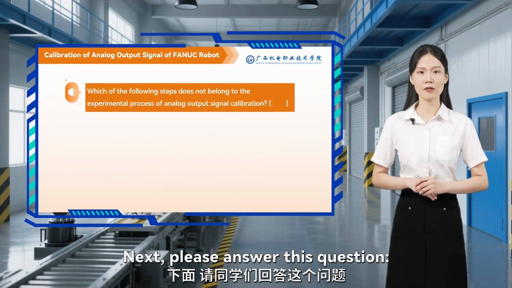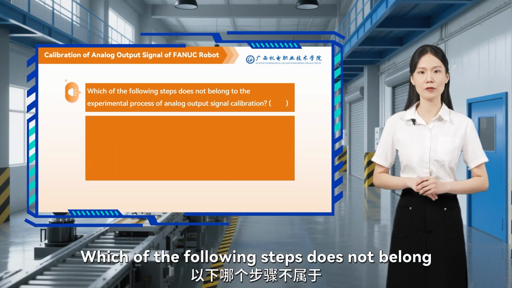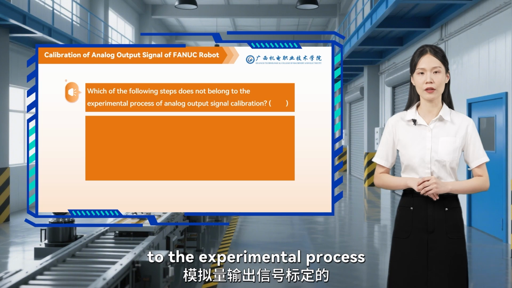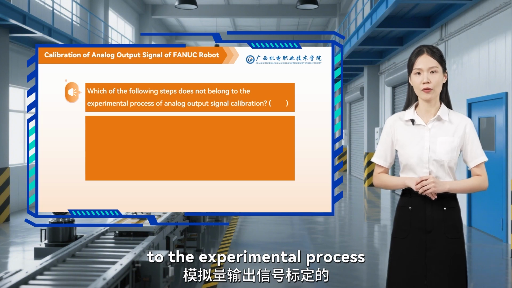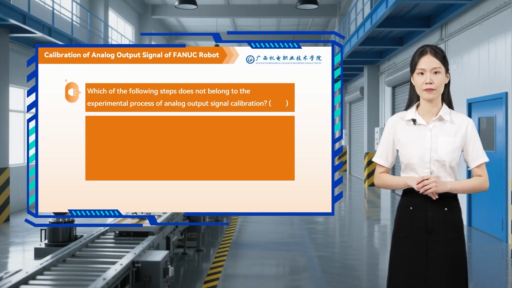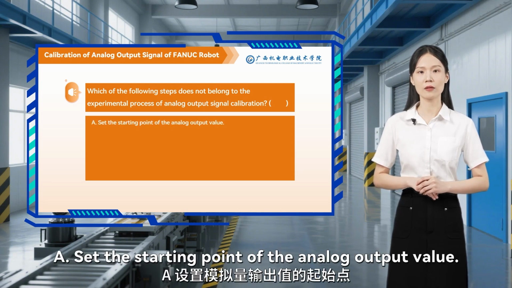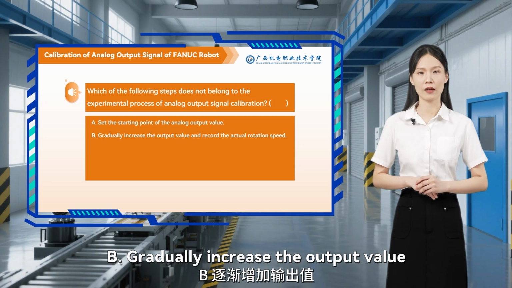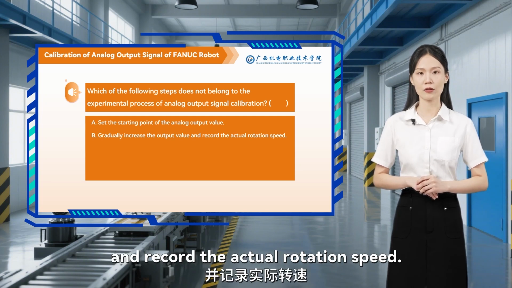Next, please answer this question. Which of the following steps does not belong to the experimental process of analog output signal calibration? A. Set the starting point of the analog output value. B. Gradually increase the output value and record the actual rotation speed.